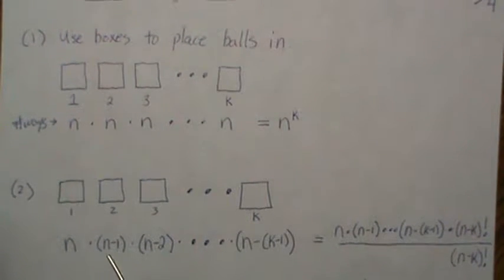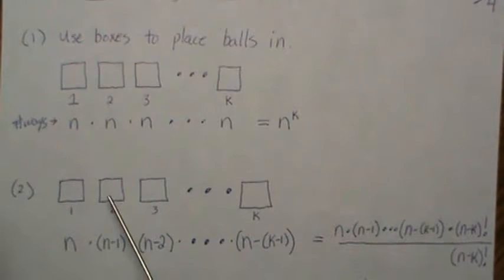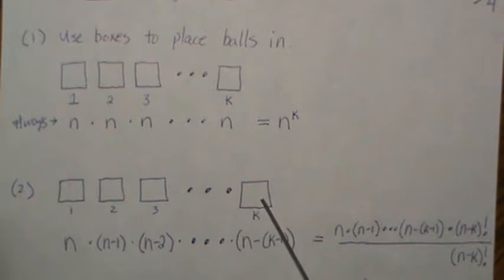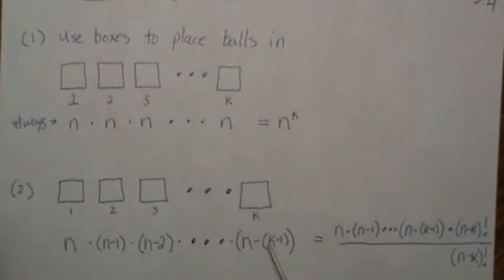So there's n minus 1 ways to fill this box. And then once those two are chosen, there's only n minus 2 ways to put a ball in this one. And then you go down to your K boxes to fill, which means you're taking a sample size K, and there's n minus K plus 1 balls left, so that's how many ways to pick it. So it's actually the product of these, and that's your answer.